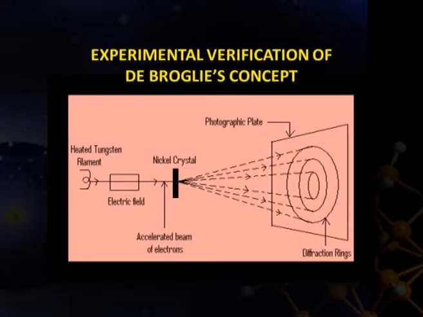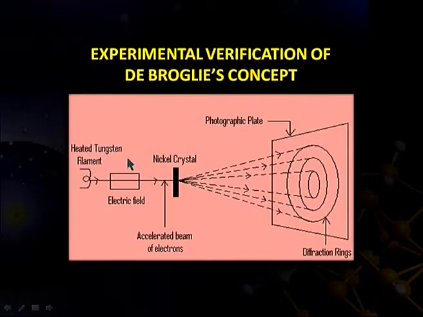This is the pictorial presentation of how they did their experiment: heated tungsten filament, then an electric field applied, nickel crystal as grating, an accelerated beam of electrons, and then the photographic plate.